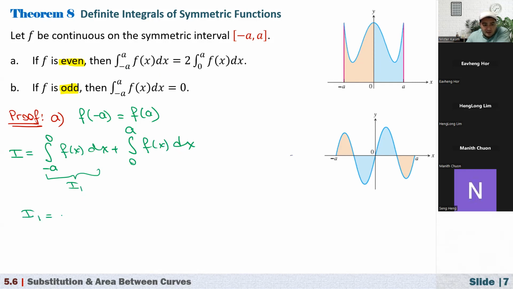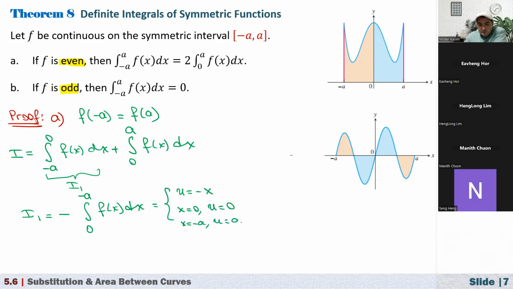I can rewrite this as minus the integral from 0 to -a of f of x dx. Now suppose that u is equal to minus x. So when x is equal to 0, what is u? u is equal to 0. When x equals -a, u is equal to a, right?